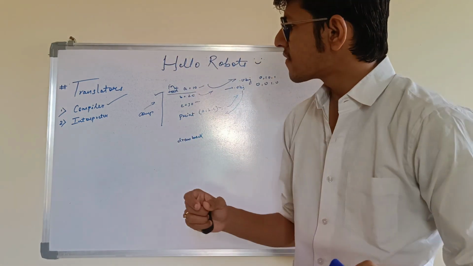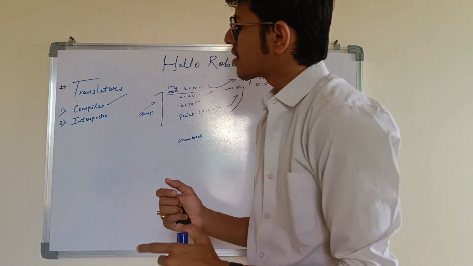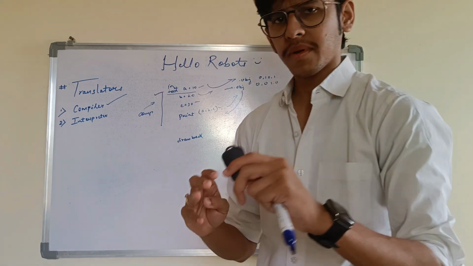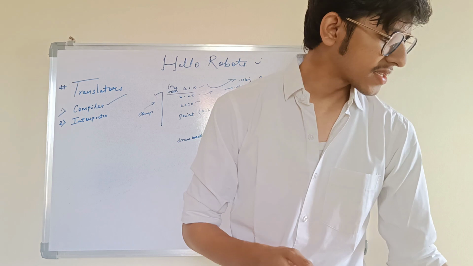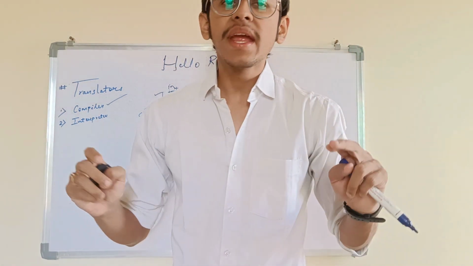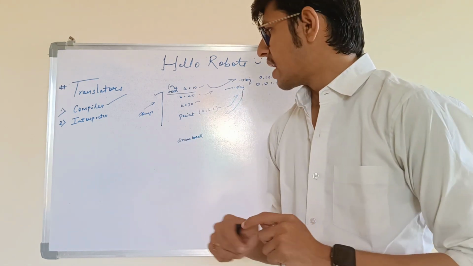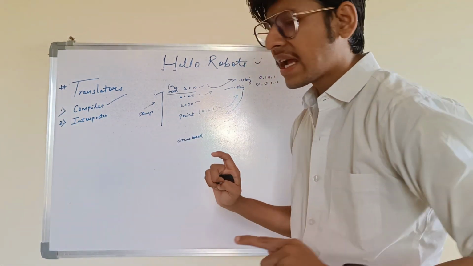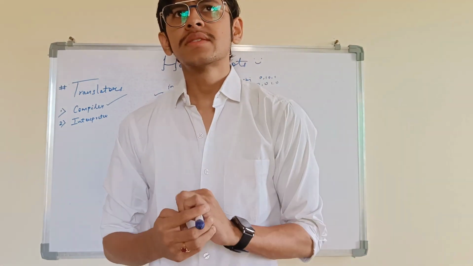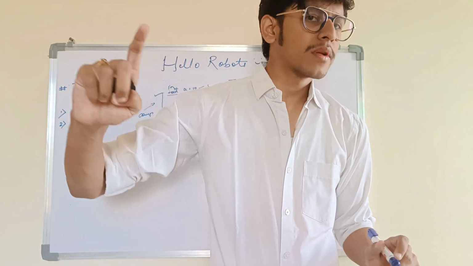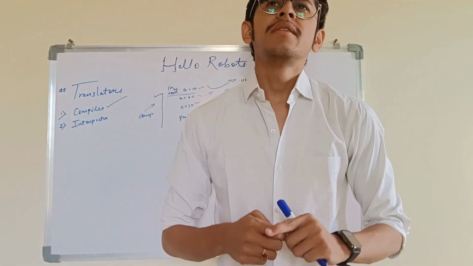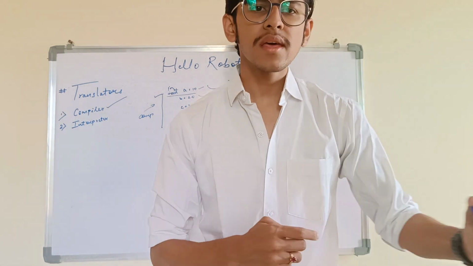Now you might be confused about how the compiler works and how the interpreter works. Let me tell you an example. Compiler is a mediator, we can say, between English and machine code. How? Suppose I like someone, she knows Telugu, I know English, but how do I say it?